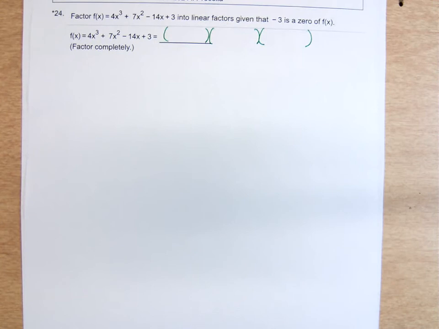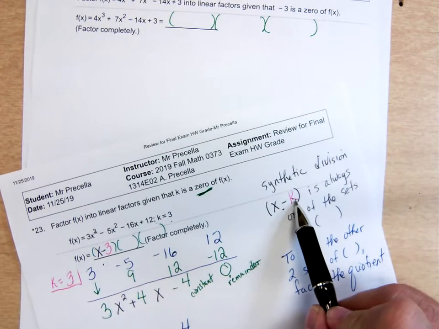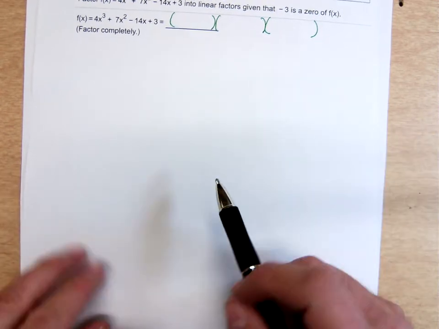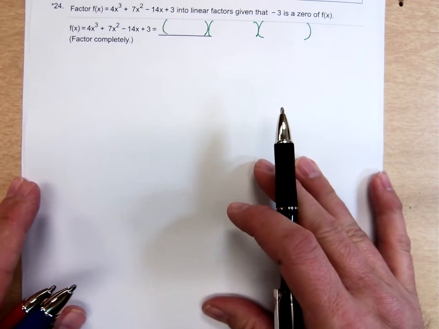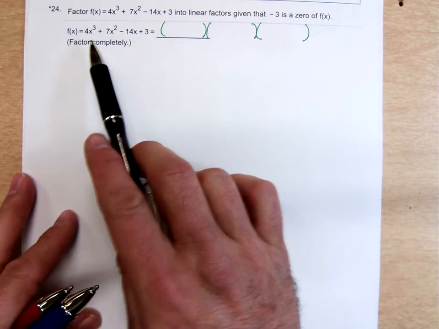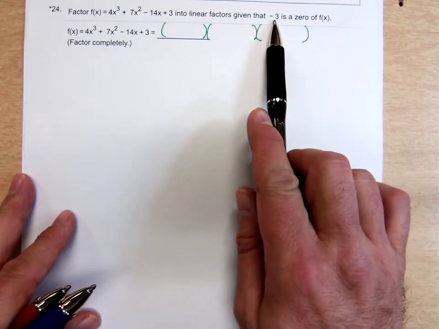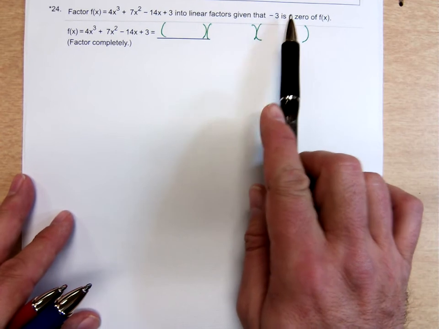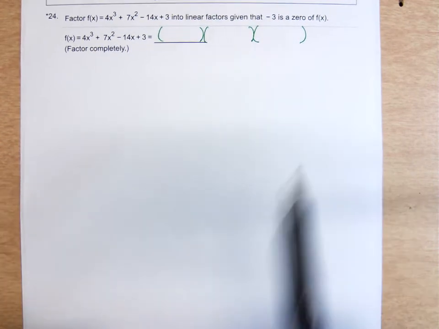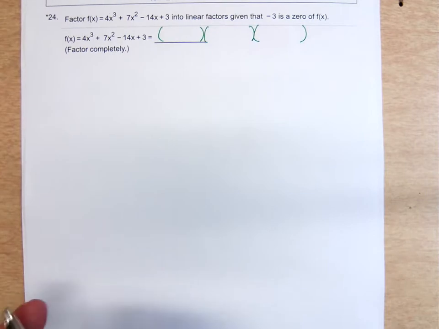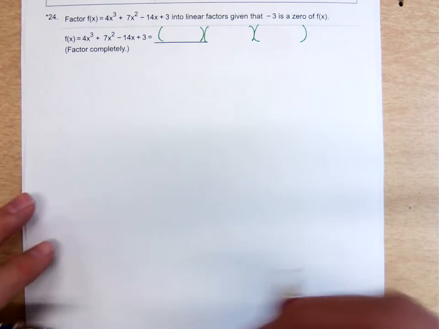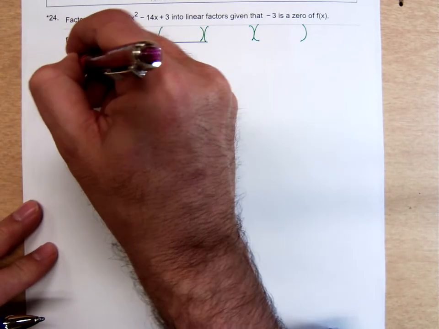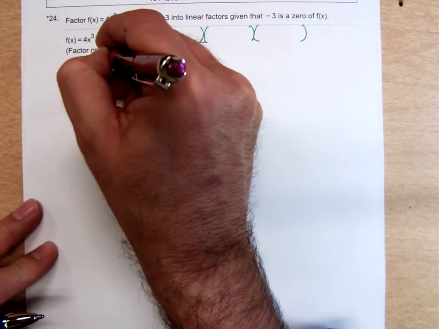We already know one of those sets of parentheses. What's one of them? Well, x minus k is always one of those sets of parentheses, but it doesn't say k equals. Do y'all remember, if it doesn't say k equals, what's the k here? Yeah, the number that you're given, that's 0. Okay? So I'm going to write k equals -3.